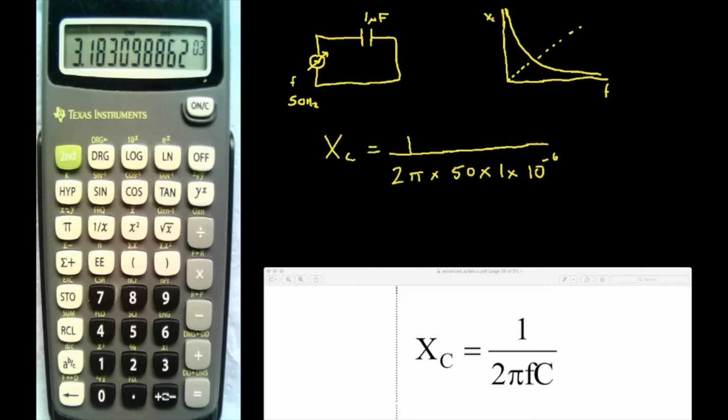3.18 times 10 to the 3, and Xc is in ohms, so 3.18 times 10 to the 3 ohms. Or to be honest, we could just say 3.2 kilo ohms.